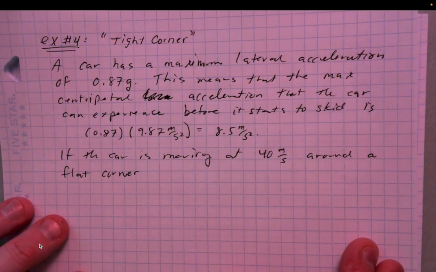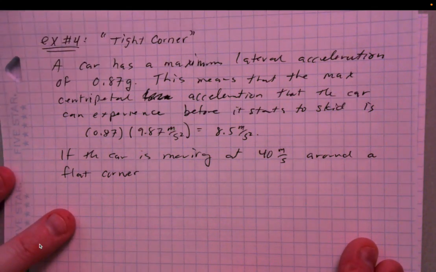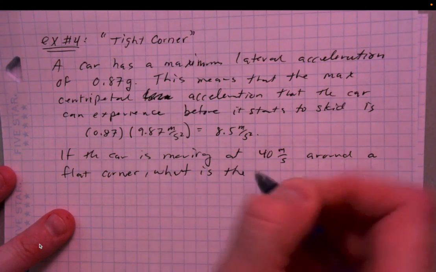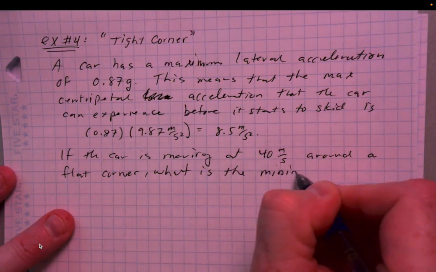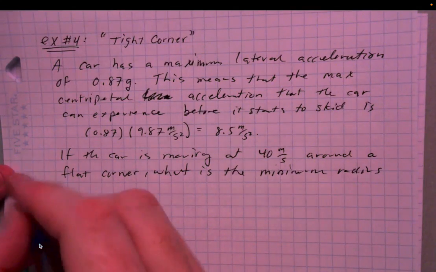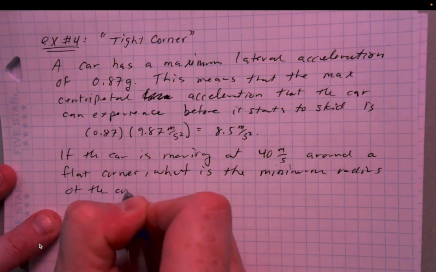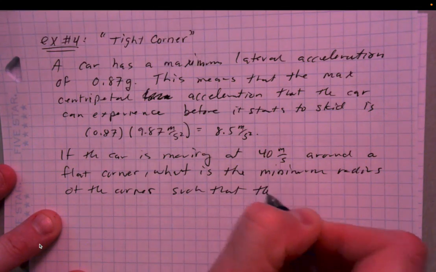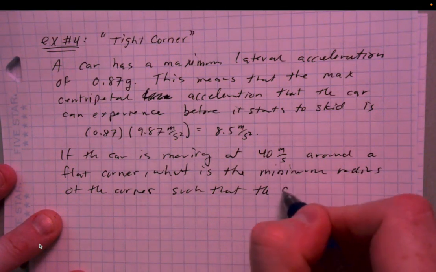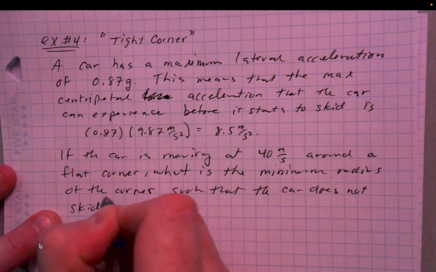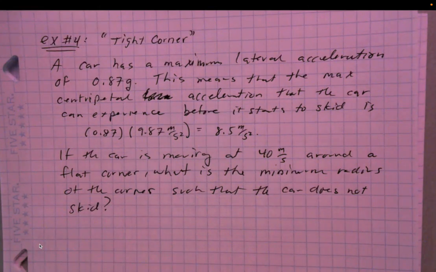If the car is moving at 40 meters per second around a flat corner, what is the minimum radius of the corner such that the car does not skid? Okay, a lot of words, a lot of sentences, a lot of questions.